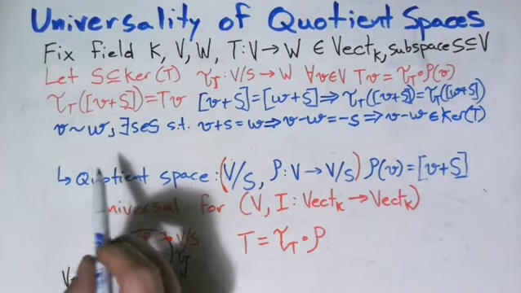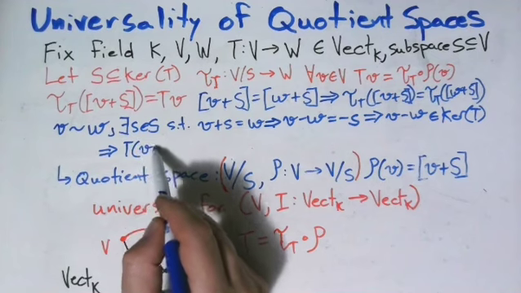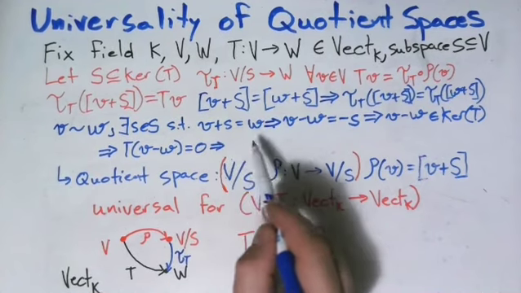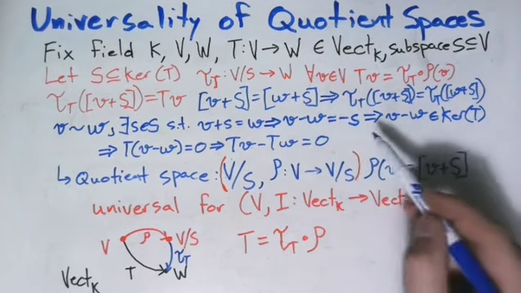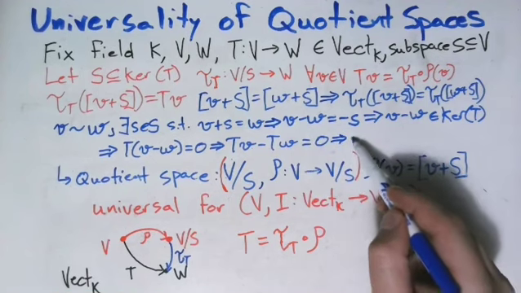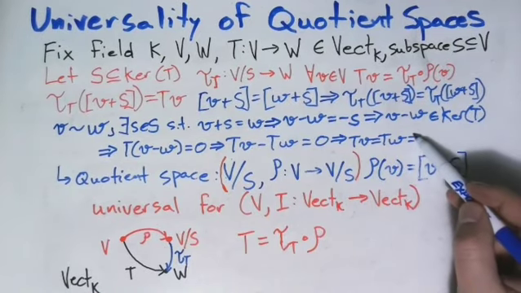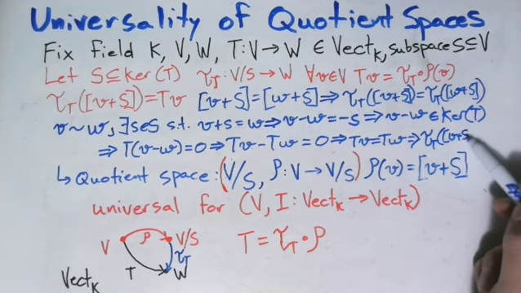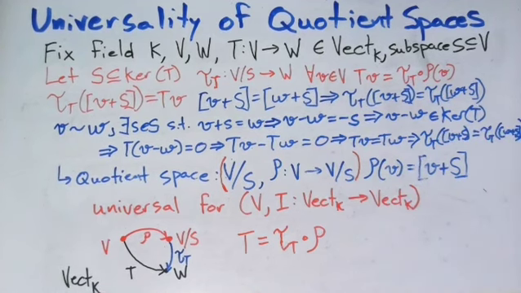And if it's in the kernel of t, then we have to have that t of v minus w is equal to 0, which means that if we break this up, we get t of v minus t of w is equal to 0, and we get that t of v is equal to t of w, which is exactly what this implies, that tau of t of v plus S is equal to tau of t of w plus S, which is exactly what we needed to show.